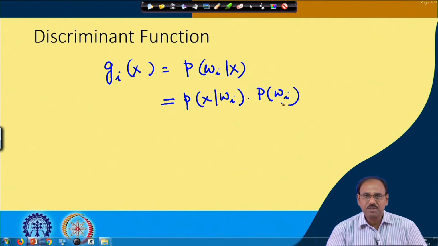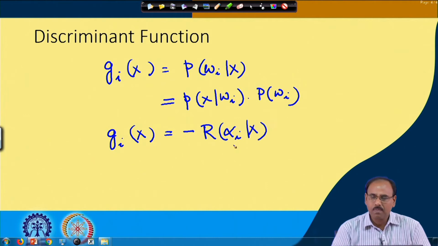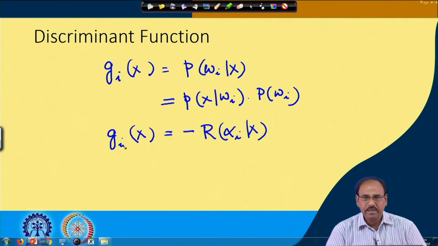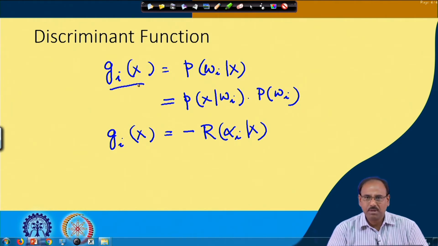Or I can use g i x to be minus R of alpha i given x. Here also, if g i x is maximum, I take that corresponding decision.